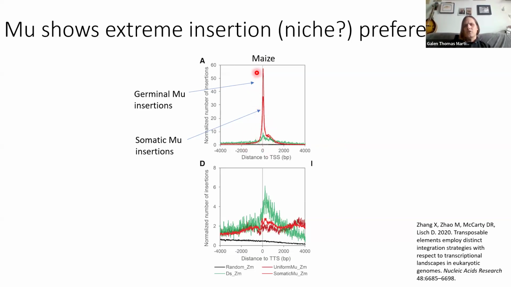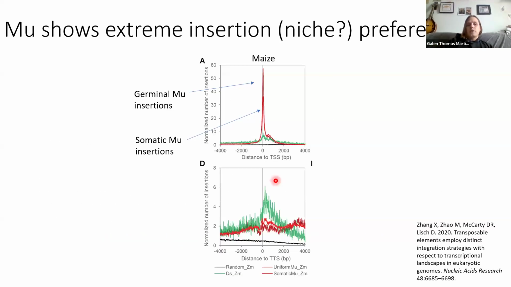And so these red distributions are showing insertions of mutator. The green is showing insertions of the AC/DS system, which is another active transposable element system. And you can see just how specific this mutator insertion preference is compared even to this AC/DS system, which still shows some preference. This is for the transcription termination site, but it's far less specific than the mutator insertion preference.